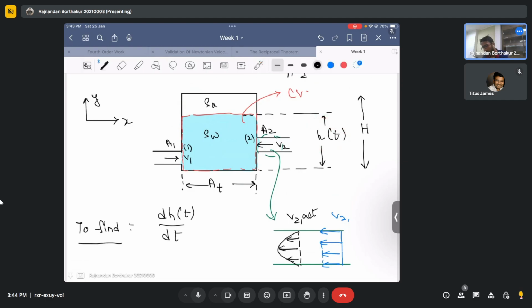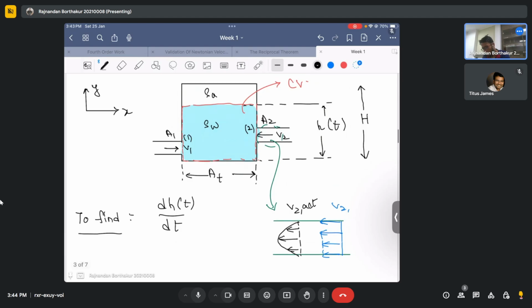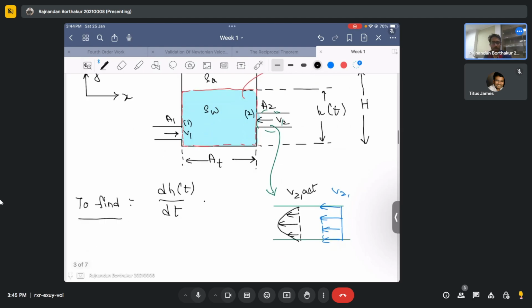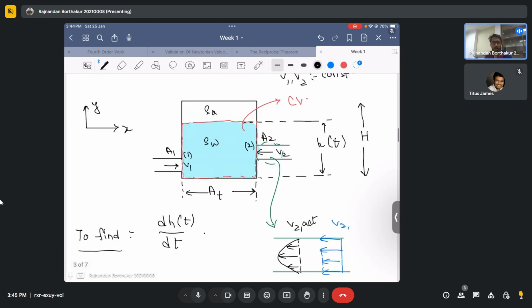Can you give it a try? What conservation principle should we use in the Reynolds transport theorem to evaluate this rate of change of height of the water?